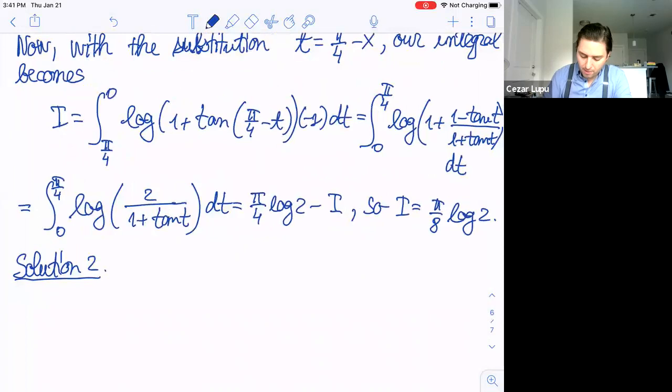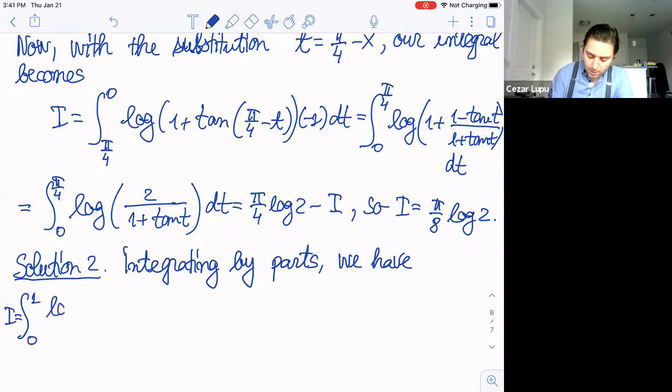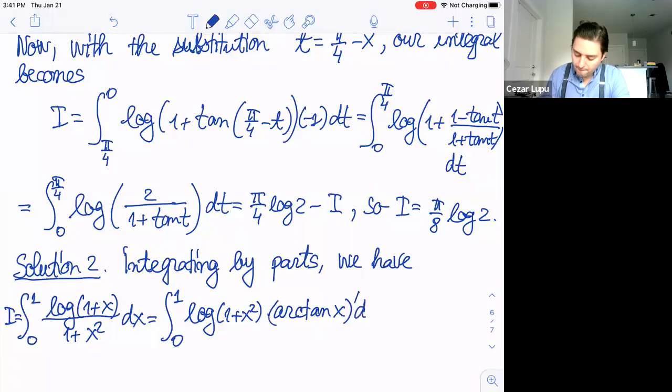So integrating by parts, we get that the integral, let's call this I, of log of 1 plus x over 1 plus x squared dx, and you can see that 1 over 1 plus x squared is nothing other than the derivative of arctan of x.